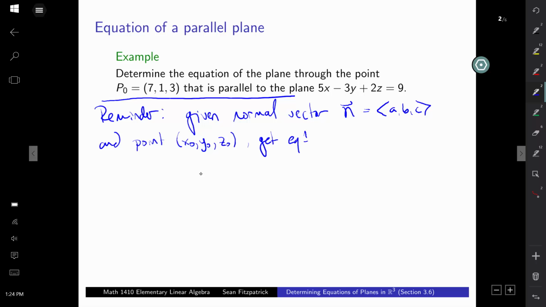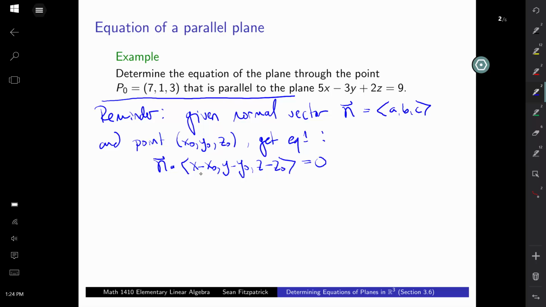The equation for your plane is n dotted with the vector x minus x naught, y minus y naught, z minus z naught equals 0, right?